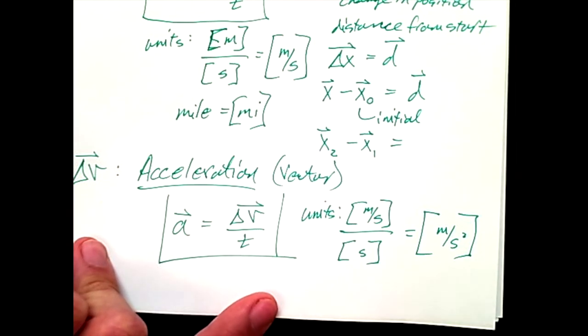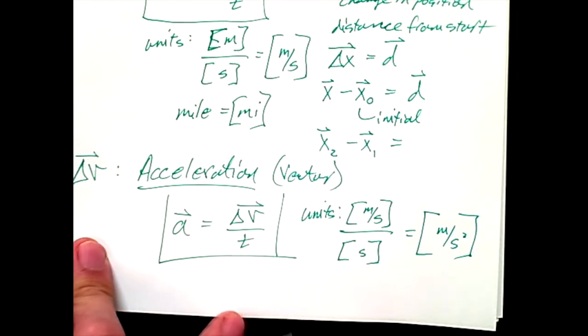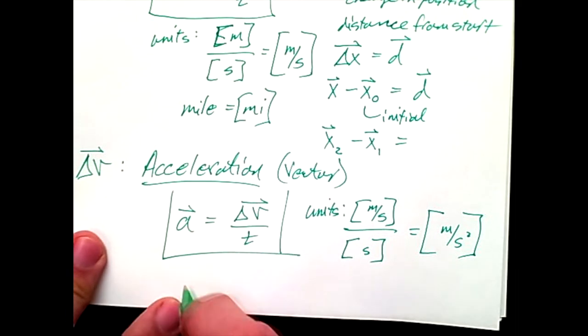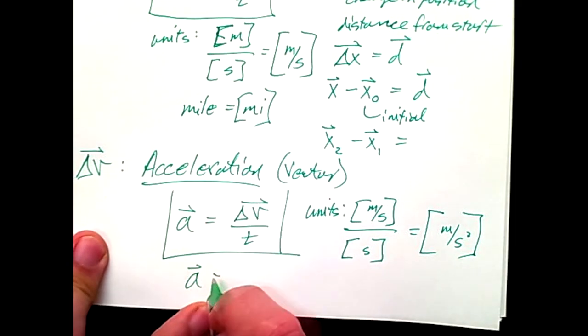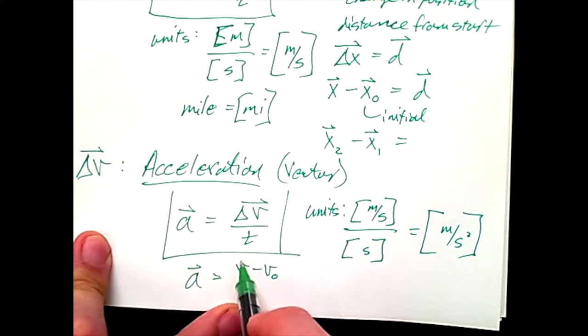The standard SI unit will be relevant throughout the course, and it's important to convert most of your given values into these units before you begin work. Using the same notation for the change in velocity, this acceleration formula can also be expanded, as we saw with the position, as v final minus v initial, or v naught, as vectors divided by the total time.